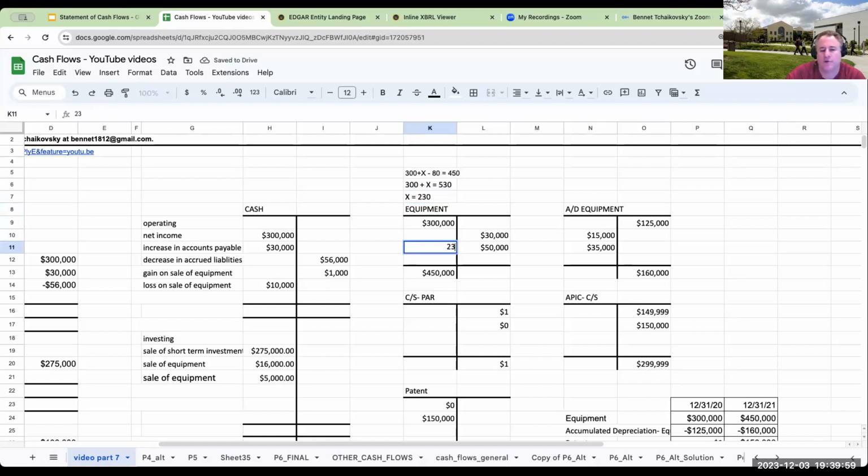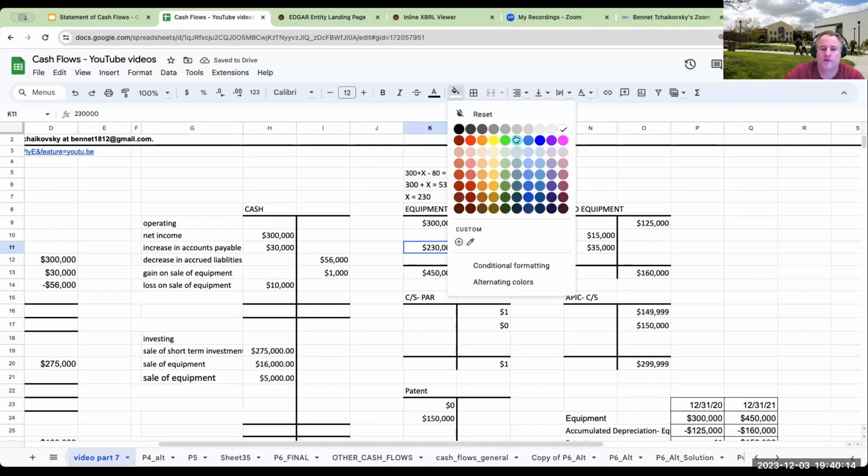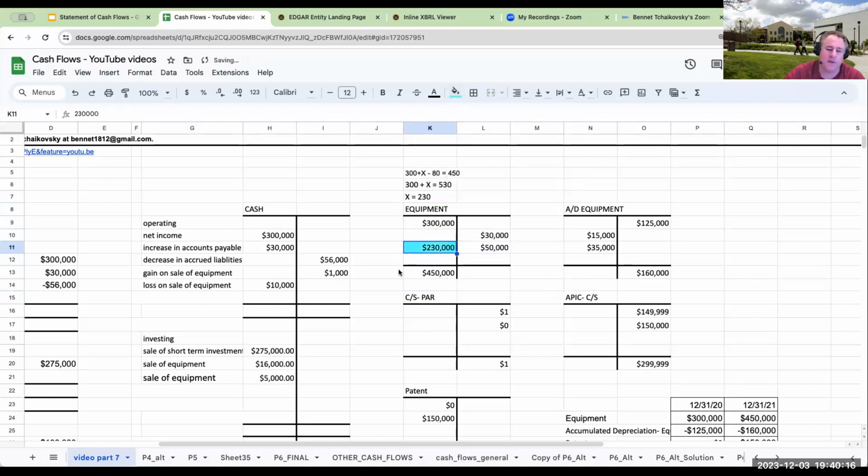If I put 230,000 here and I say 300 plus 230 minus 30 minus 50, this equals 450. What is this? This is a purchase of equipment, and this is big points. Like when I'm going through and grading, this is big points because you've got to know how to balance this particular question. So this is going to show up as a credit in the investing section. We're going to call this a purchase of equipment.